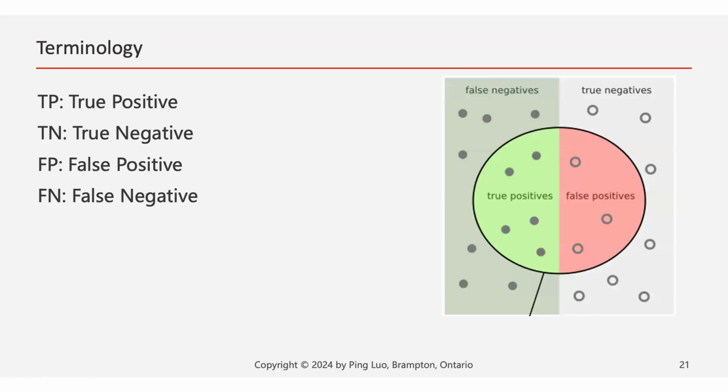To compute those metrics, you need to understand these four terms: true positive, false positive, true negative, false negative. I think this is very confusing at first; I felt confused by the terminology too. But true positive means this thing is positive and my model predicts it as positive too. True negative means this thing is negative and predicted as negative, so my model is correct.